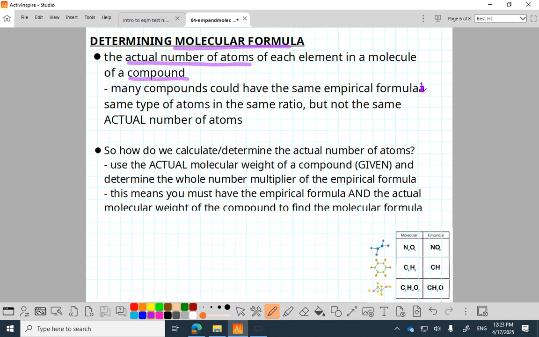Certainly when you have covalent compounds that don't have to be reduced, then the compound could have the same empirical formula, but it would not have the same actual number of atoms, and it's going to influence its properties. Ribose and glucose are not the same sugar. So we need a way to actually figure out how many atoms are in the formula.